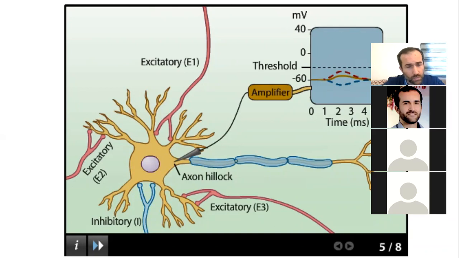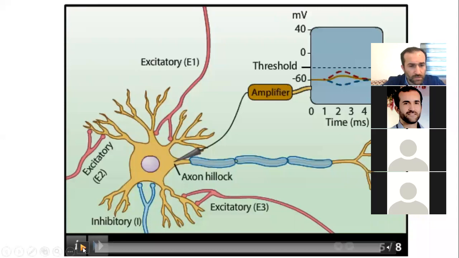This summation, can we call it spatial summation? No. Think about the sources. Are the messages from the same source or from different sources? I will repeat. Let's see, we will observe here and here. Did you observe them?